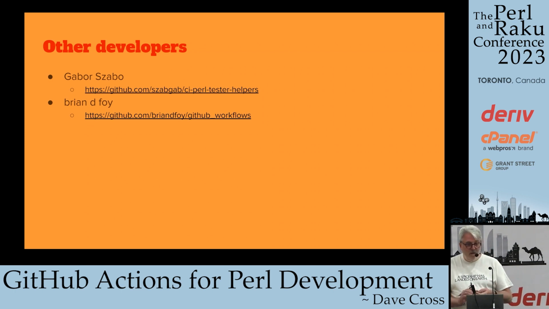Many people have done work in this area, but Gabor and Brian Foy have got some. They've actually got a repo where they've gathered together good examples of actions that they've been using. So we can have a look at that and borrow some code from there.